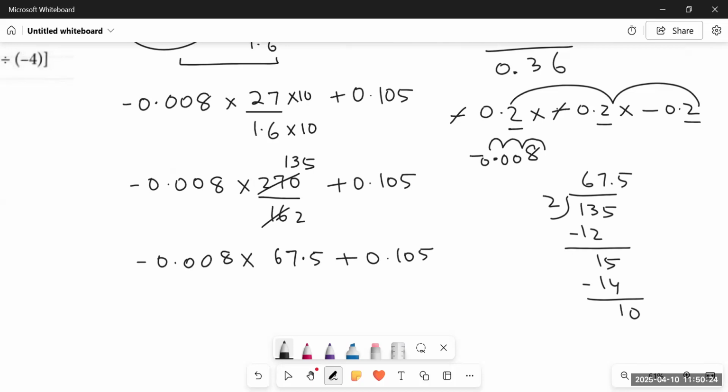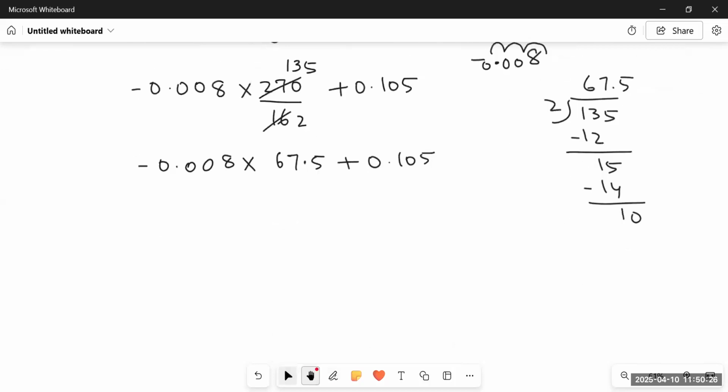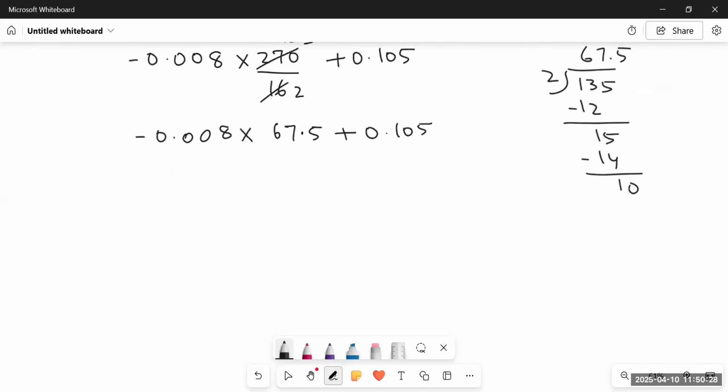So what do we have to do next? We will multiply first and then we will add or subtract. Since we have 0.008, we will simply multiply 67.5 with 8. Okay, 8 fives are 40, 8 sevens are 56, 56 plus 4, 60, 8 sixes are 48, plus 6, 54.